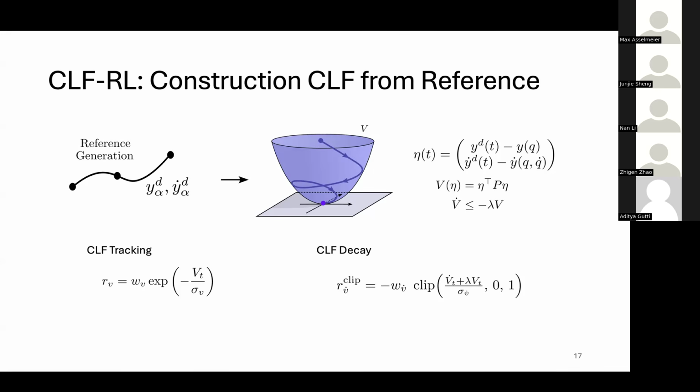We do the same with the clipping term, so we scale it so that our V dot plus lambda V, if we estimate a max error, is scaled roughly between 0 and 1. We use the eigenvalues of P to do this scaling somewhat principledly. I'm not going to claim it's groundbreaking, but I think it helps reduce some of that decision making. But you're right, P does ultimately still need to be created. Okay. Sounds good.